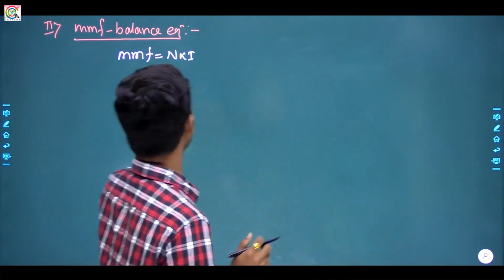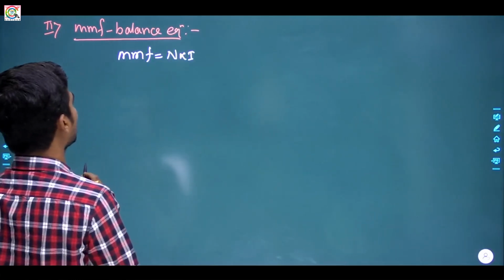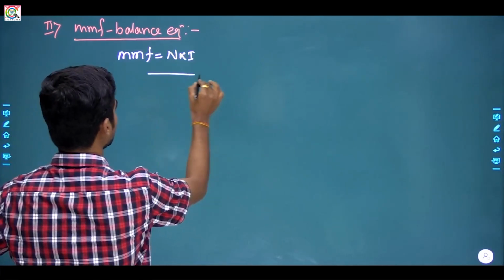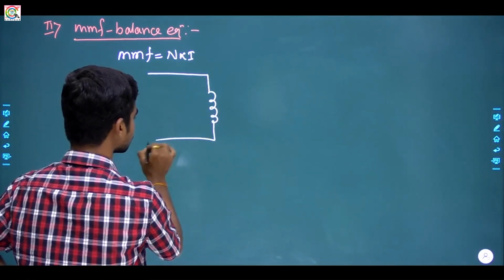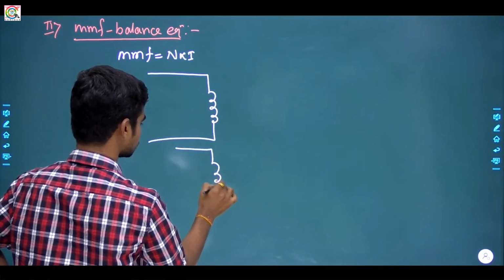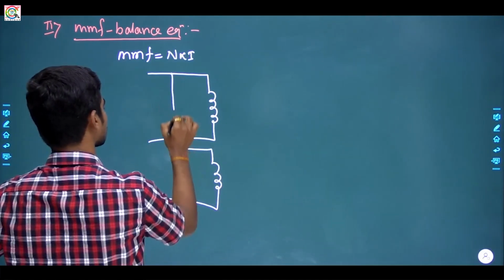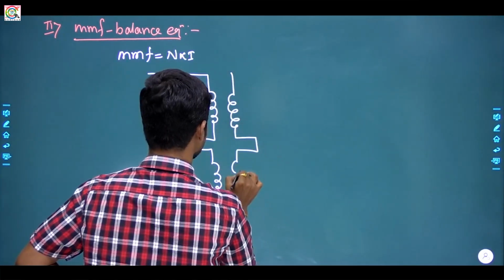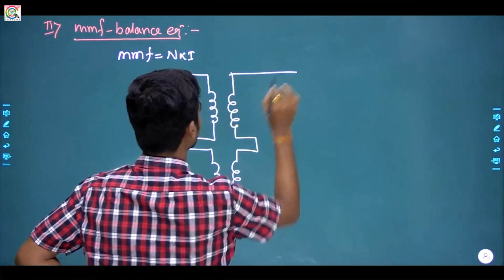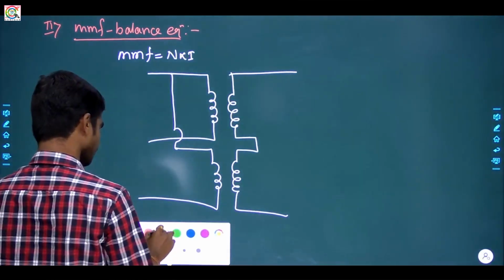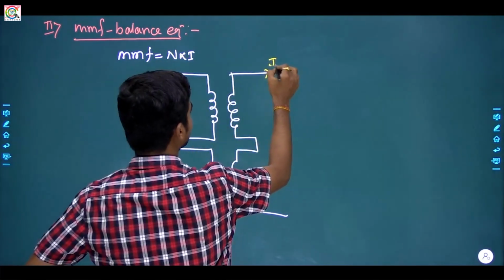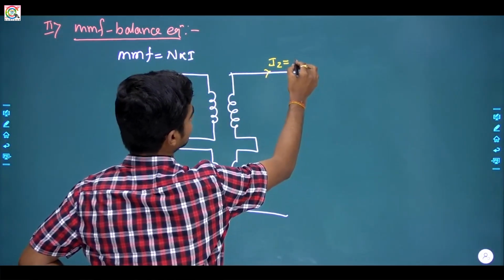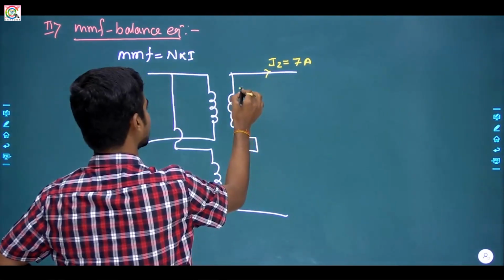Okay, so what is the input side MMF here? Sorry, what will be the output side MMF? Let me draw again. Okay, so in this branch I2 current is flowing. I2 is given by 7 ampere.